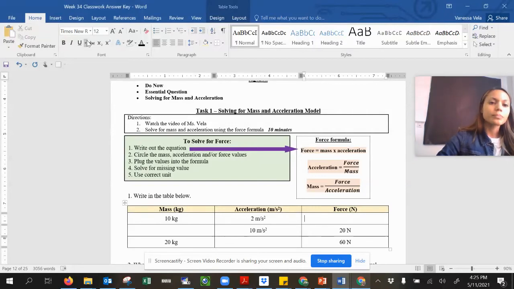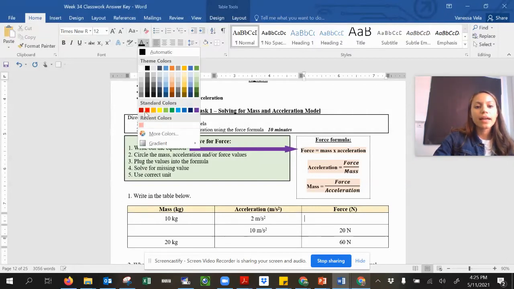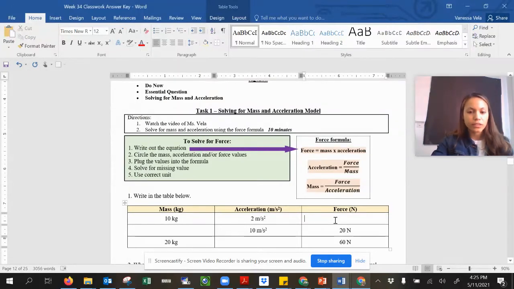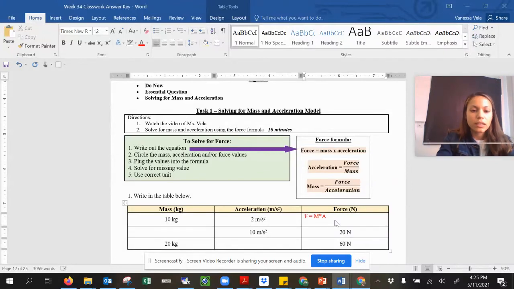Cool. Let's go ahead and solve for force here. This is just a quick review. Using the formula force equals mass times acceleration, you can write this down. I'm just going to write out the first letters: force equals mass times acceleration.